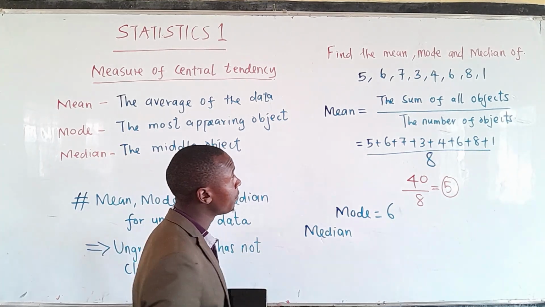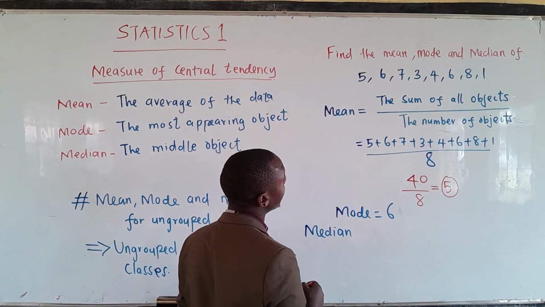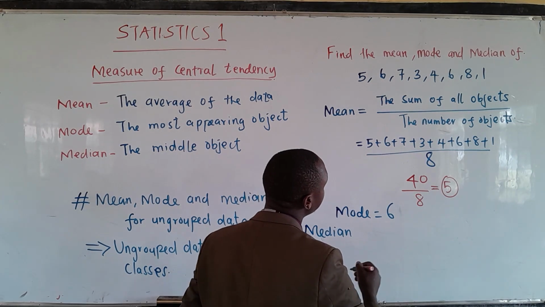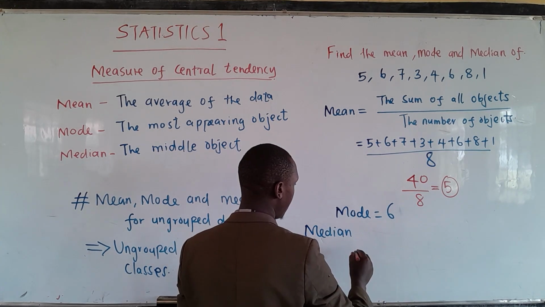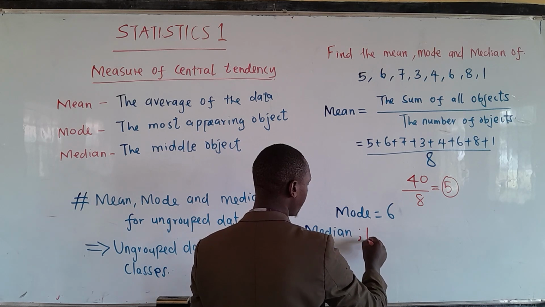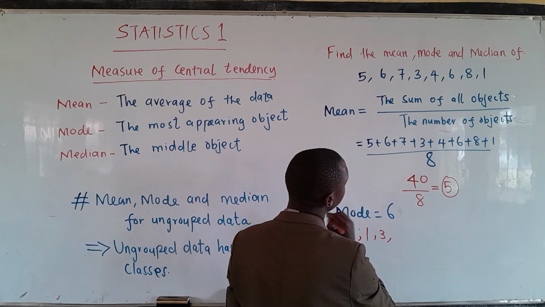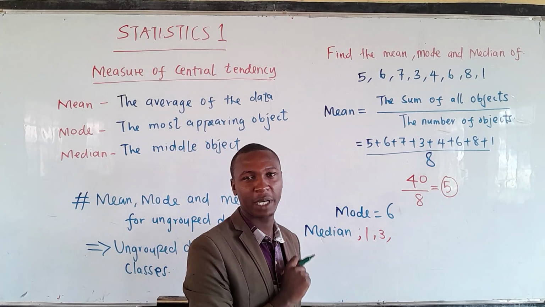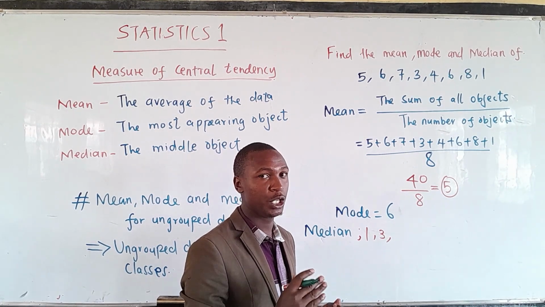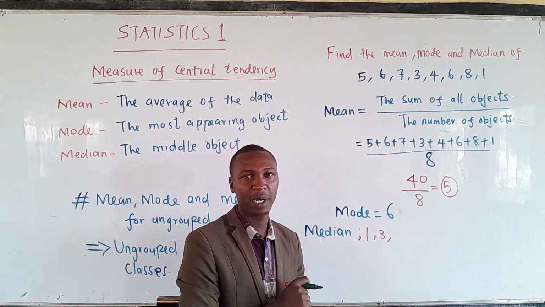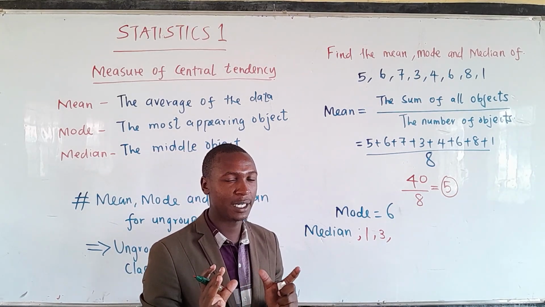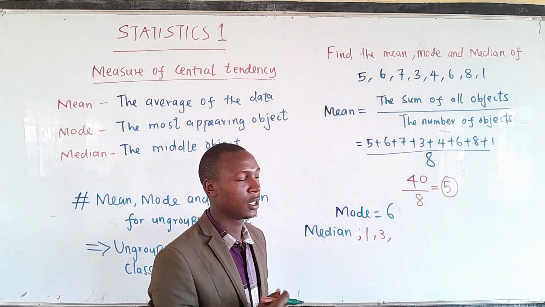And therefore, for our data there, if I arrange it in ascending order, then the lowest is going to be 1, then we have a 3, and those elements have to be separated by commas, because in mathematics, when you separate them by commas, then we don't call them terms.